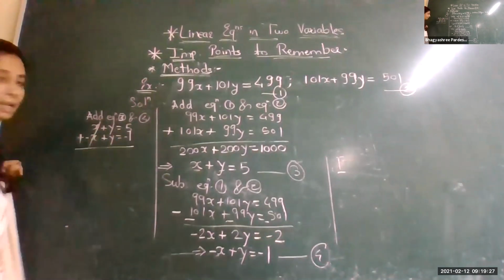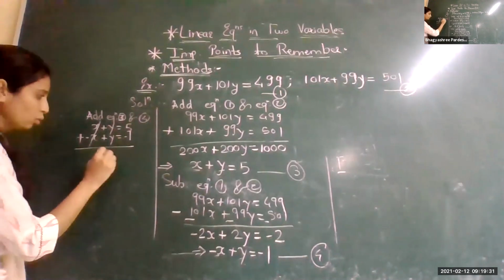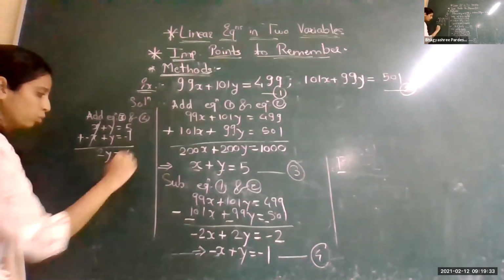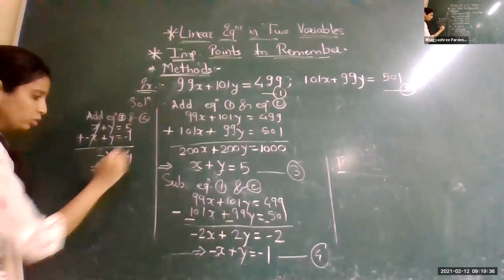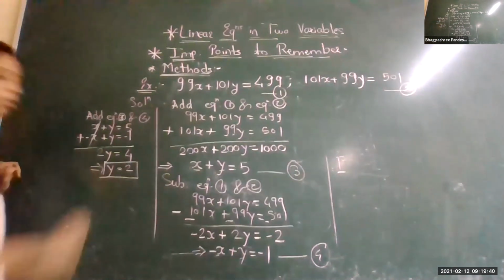Plus x minus x gets cancelled. Plus y, it is 2y. And 5 plus 1 is 6. That is, y is equal to 6 divided by 2. So we got y is equal to 3.